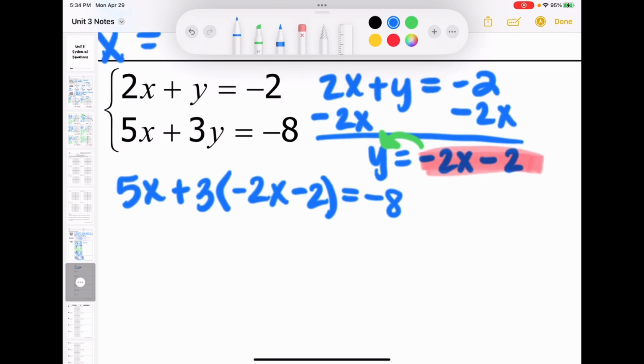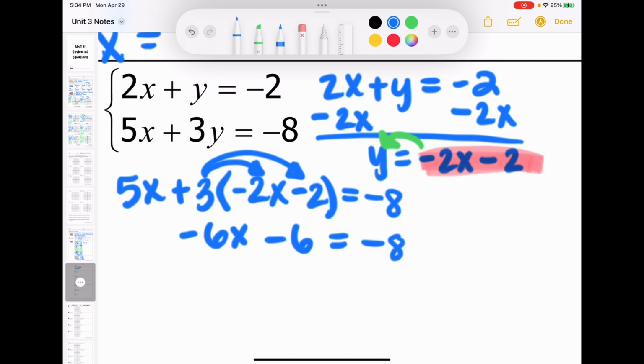So we want to get rid of parentheses first, so I'm going to take my 3 and distribute it to the two things inside that parentheses, which again is just multiplying. So 3 times -2x is -6x. 3 times -2 is -6. I'm bringing down the -8 and the 5x. So we want to move all of our numbers to the right side and all of our letters to the left side.